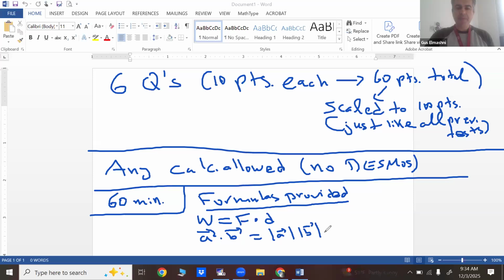Obviously, what's this one here? Second one, the dot product, to find the angle between 2 vectors, right?